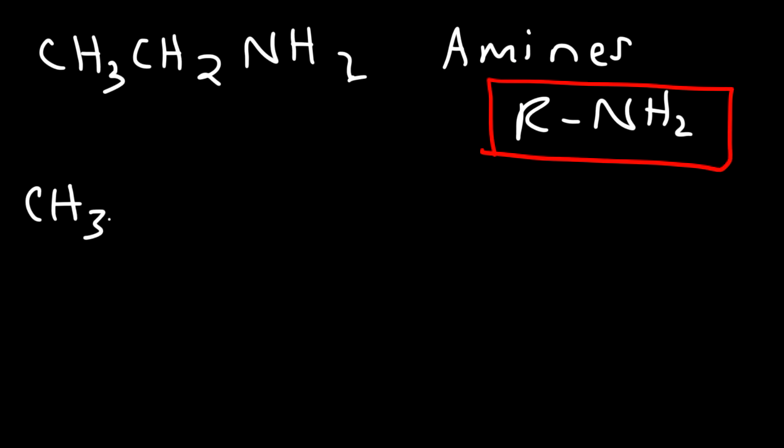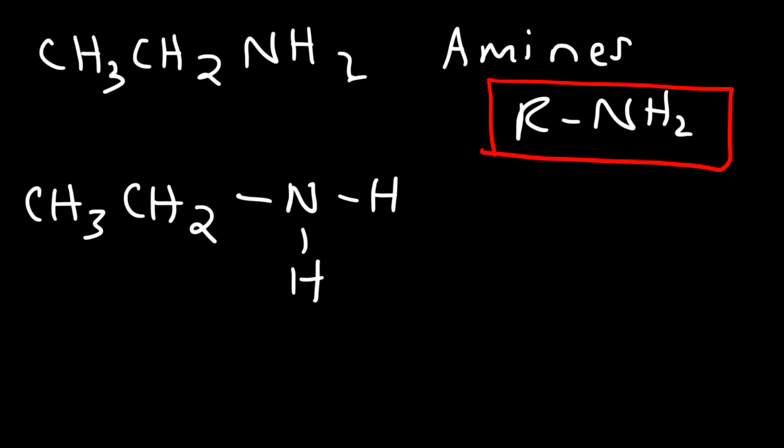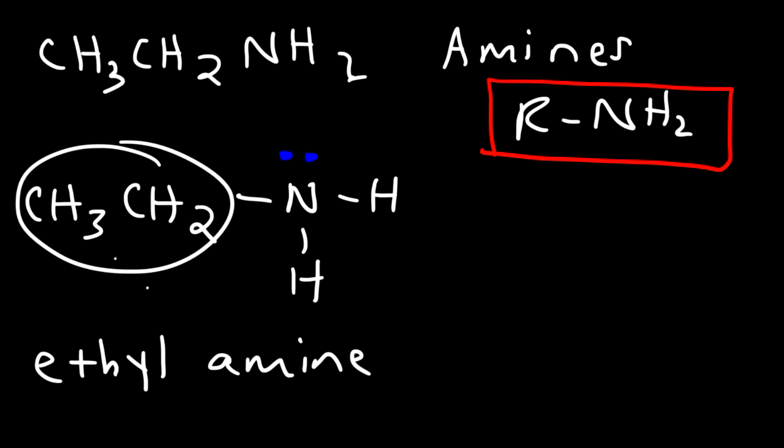So here is the ethyl group, and we have a nitrogen attached to two hydrogen atoms. And as we recall, nitrogen likes to form 3 bonds and one lone pair. So that's how we can draw this particular amine. And the common name for it in this example is ethylamine, because we have an ethyl group attached to an NH2 group.